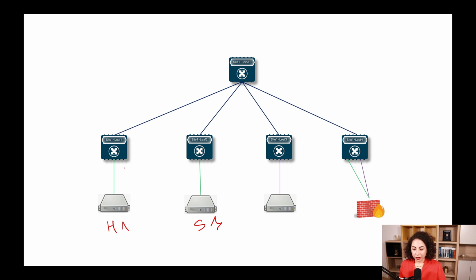How can we do this in the smoothest way possible? Let's say that we create our security group client and we match host 1 to put it in there. We create our security group server and we put server 1. This is security group tag 100 and this is security group tag 200.